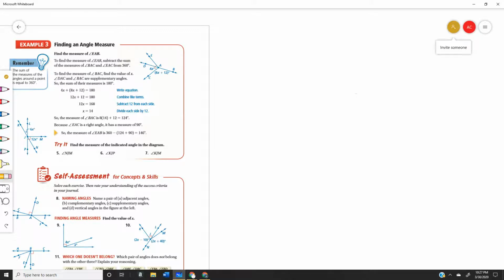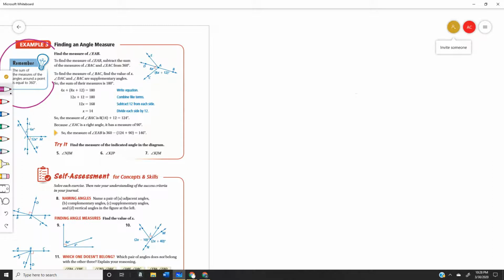One thing I want to point out is this little remember box right here, where it says, remember that the sum of the measures of the angles around a point is equal to 360 degrees. That means if I add up all of these angles right here, they equal 360 degrees, because look at that, they form a circle.